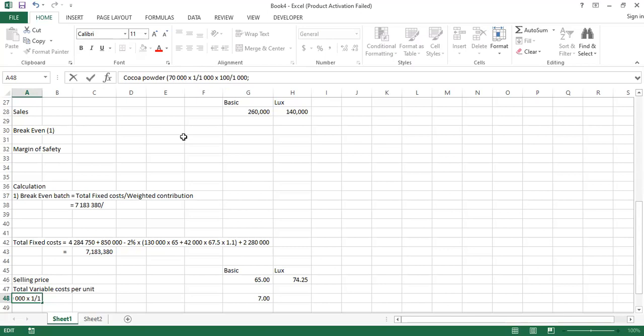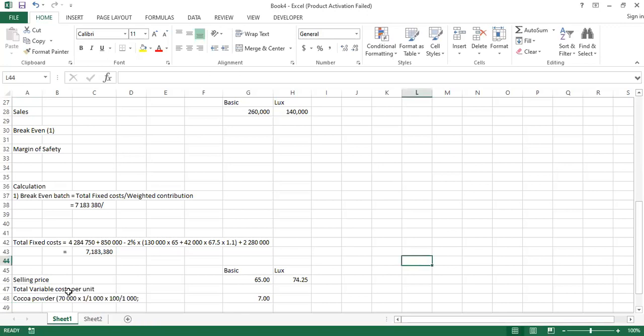Then that should pretty much give us what a kg would cost. So to make it make sense, if you take 70,000 and divide it by 1,000, it's going to give you 70. So if it's 70 per kg, and then you've got 1,000 kgs, that should basically give you 70,000 there. So that's the logic behind this.